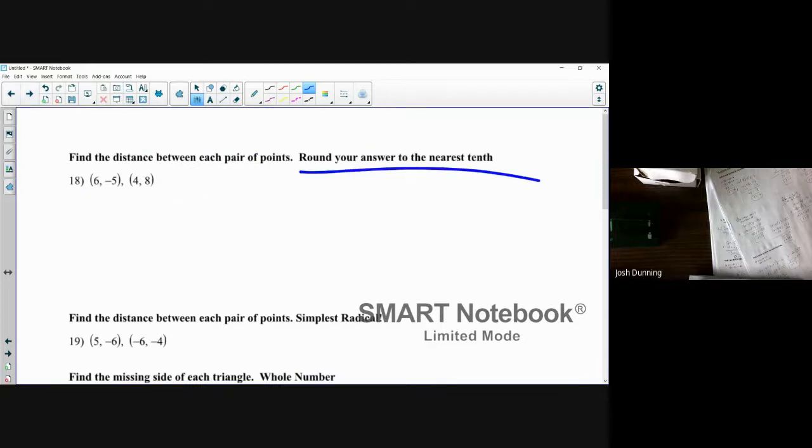Now this one, round to the nearest tenth, so we should expect a decimal when I type it in. Same distance formula here.